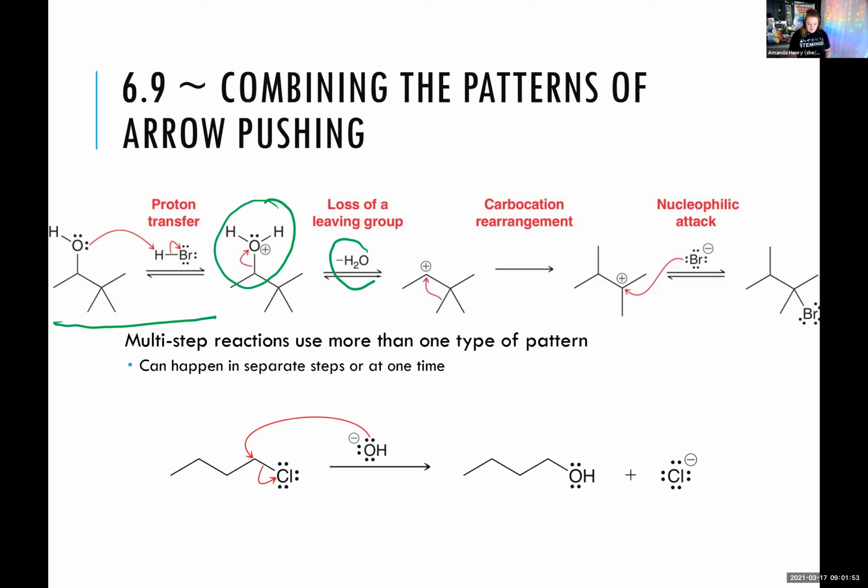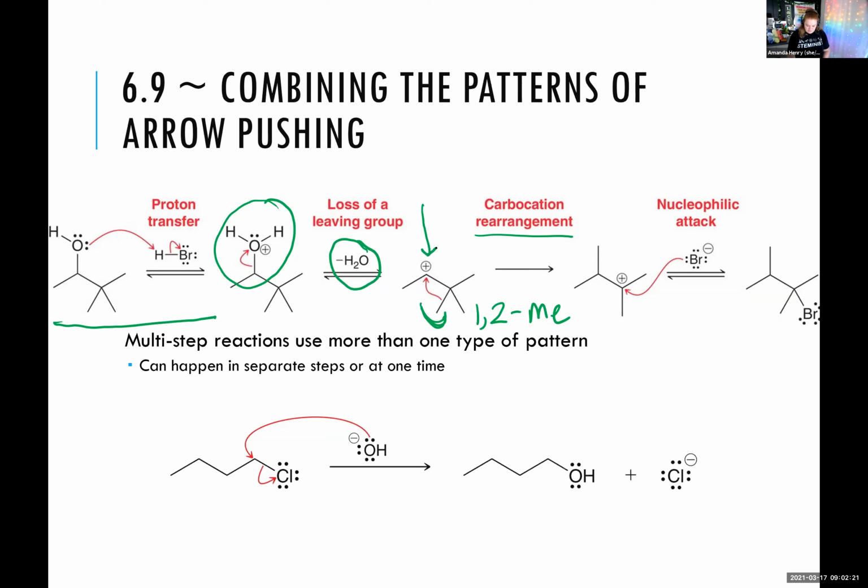Right here it says minus water. That's telling us that the water is breaking off of our carbon chain, so water is leaving and we're not going to see it anymore in the reaction. And then we have a carbocation rearrangement. Specifically, this is a 1,2 methyl shift, because that's our methyl group right there moving over.